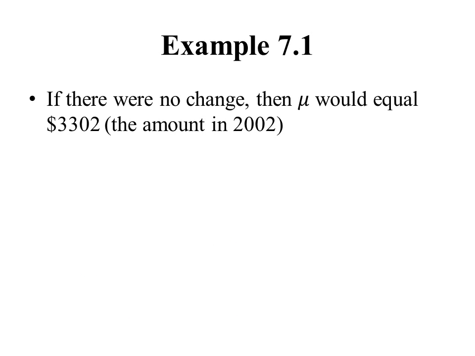Okay. So now we need to set up our hypotheses. Well, remember, our null hypothesis is the statement of no change or no difference. So if there were no change, then mu would equal 3,302. That's the amount in 2002. So our null hypothesis is going to be the statement that mu equals 3,302.